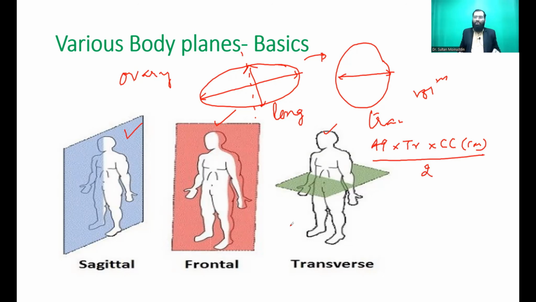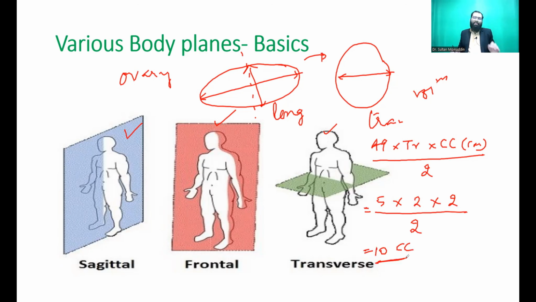For example, you have an AP diameter of 5 centimeters, transverse diameter of 2 centimeters, and CC diameter of 2 centimeters. These are all in centimeters, so the volume would be this divided by 2, which comes out to 10 cc.